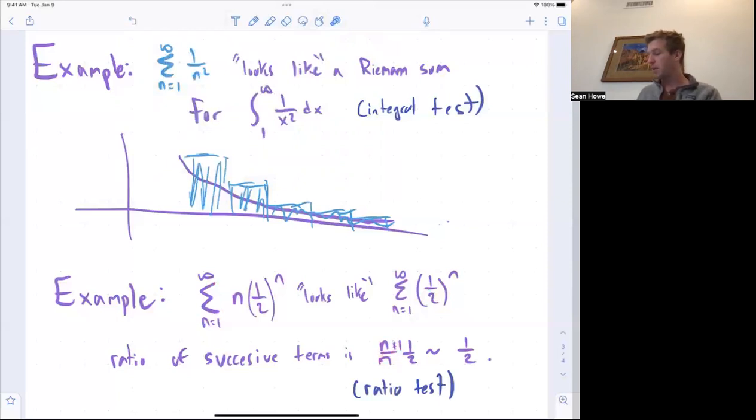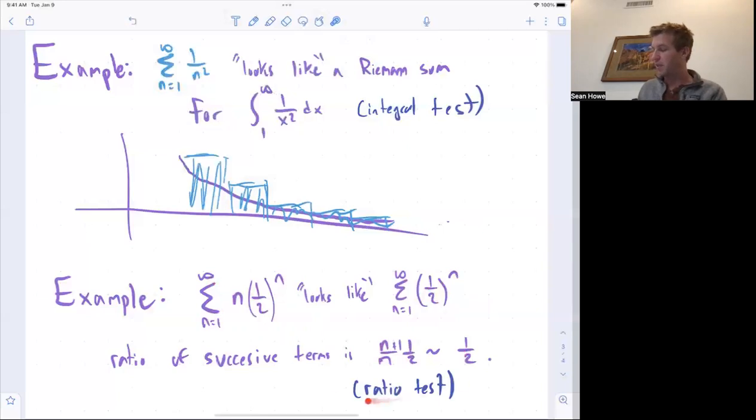So even though this doesn't behave exactly like a geometric series with ratio 1/2, for n really big, it does look like I'm basically shrinking by a half at each step. And because of this, I can deduce that this series converges basically for the same reason that the geometric series with ratio 1/2 converges.